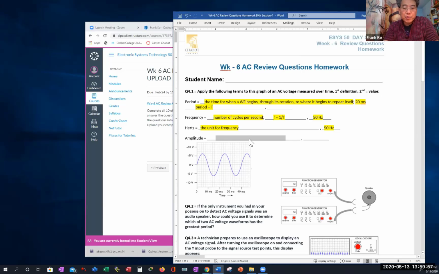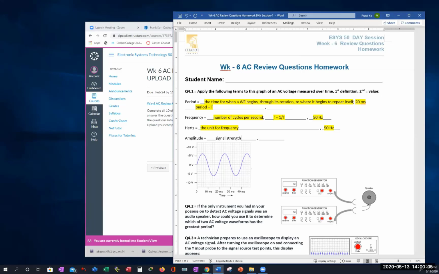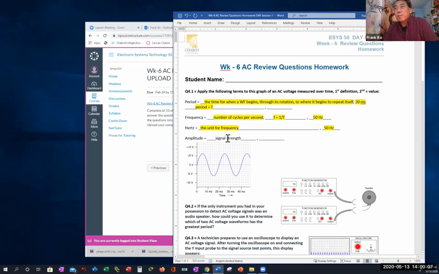The best definition for amplitude would be, and we just did this, signal strength. Signal strength, 2 words. Amplitude is nothing more than signal strength. And it happens to be given as V peak, V P dash P for peak to peak. It's also given as V RMS. It's also given as V average.